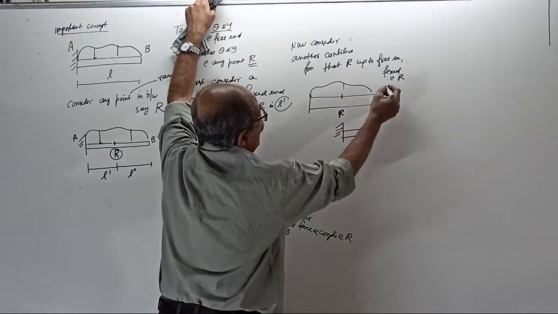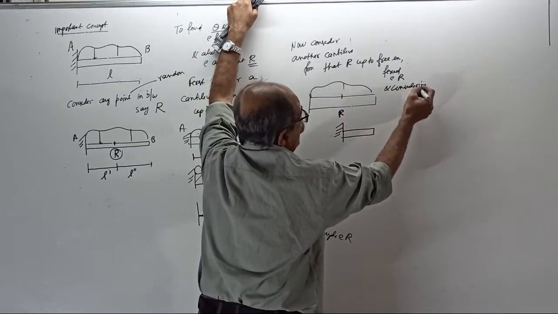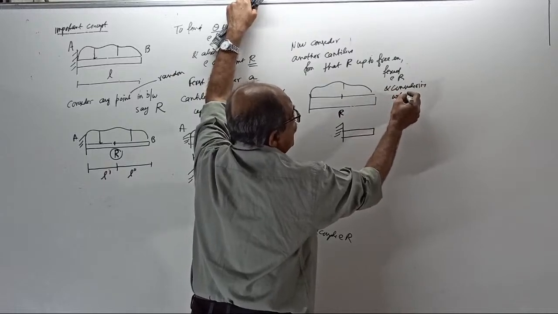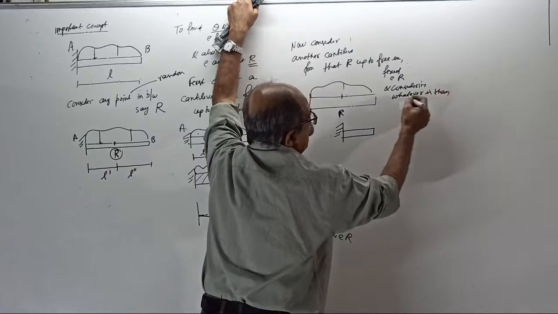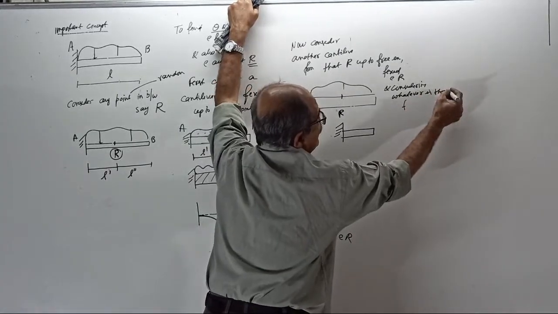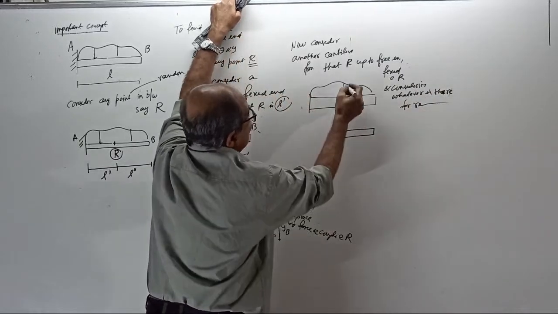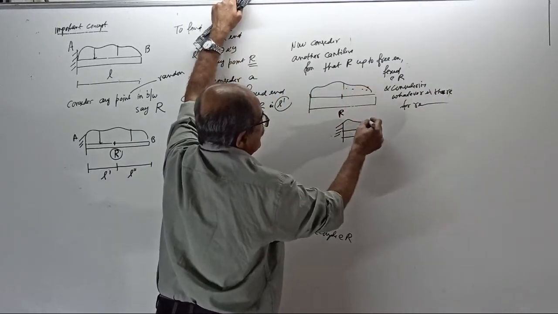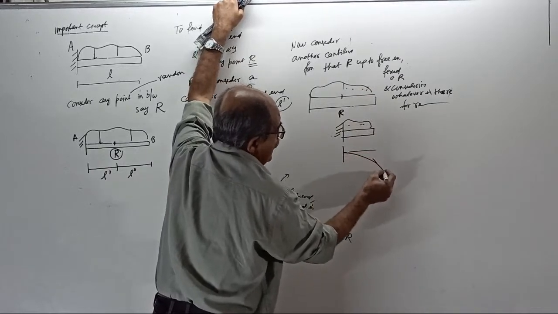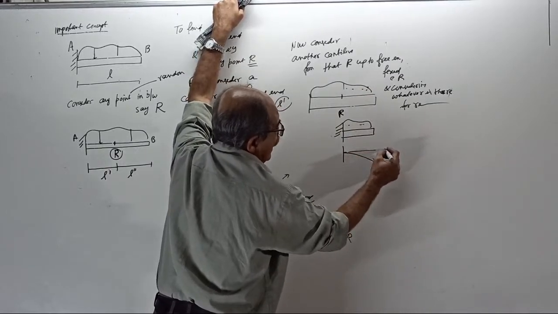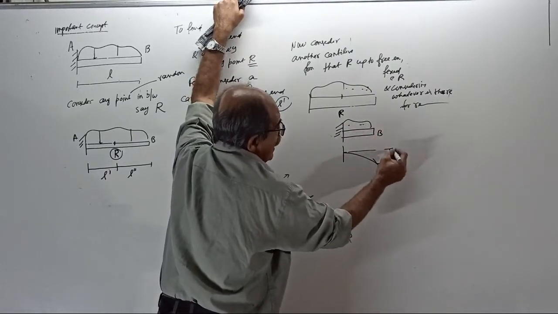Apply the load and consider the loading, whatever is there for the remaining portion, you write. See, with this loading, the elastic curve will become this way. Find this theta and y. This is B. Theta B and yB.